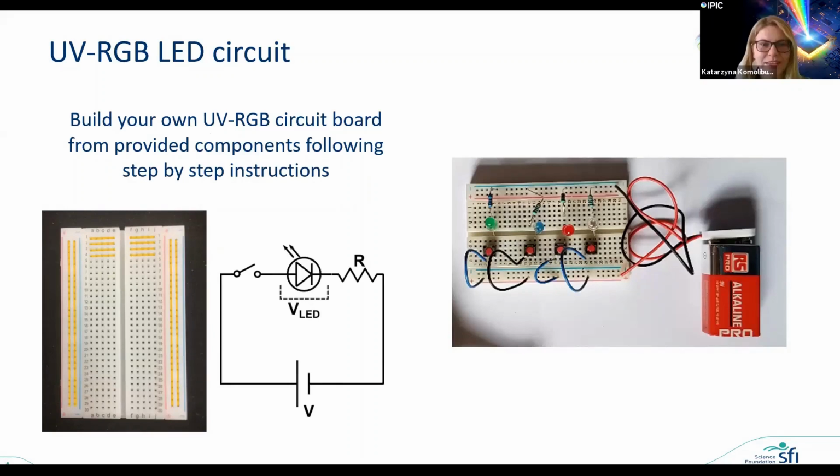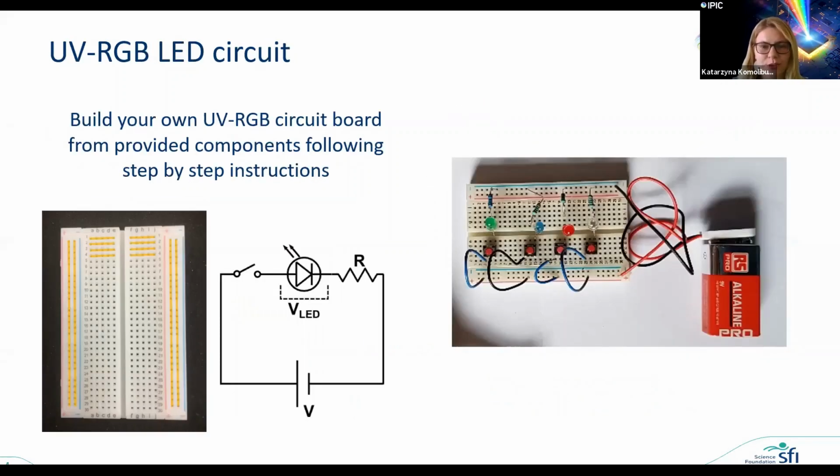Thank you, Marcelo. Hi all, my name is Kasia and I'll briefly walk you through some experiments and activities that we planned for you with the LED circuit board. When you receive your Biophotonics kit, you will find a lot of components inside, for example a solderless circuit board, which you will use to build a circuit that will power different colors of LEDs.